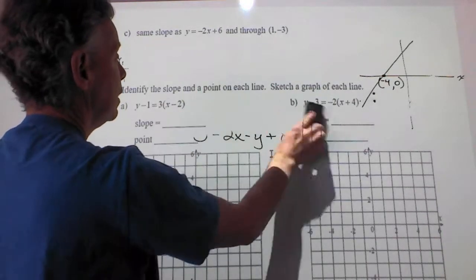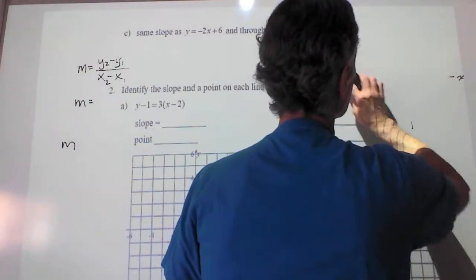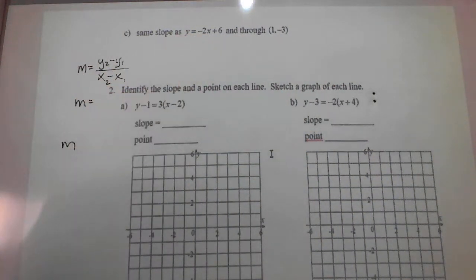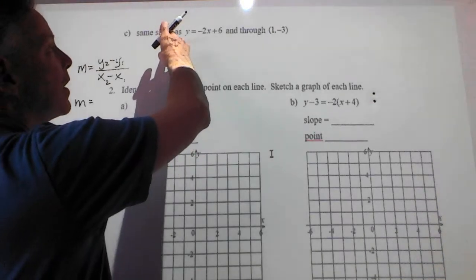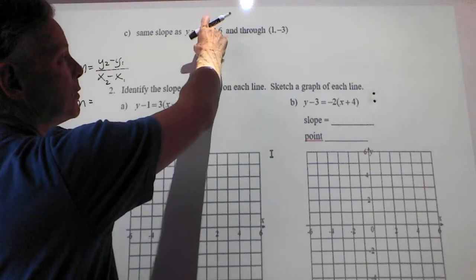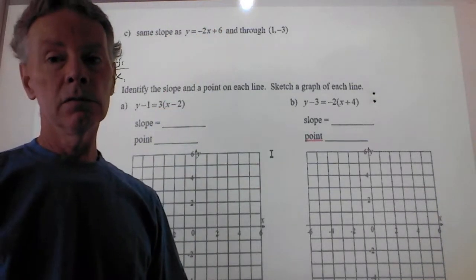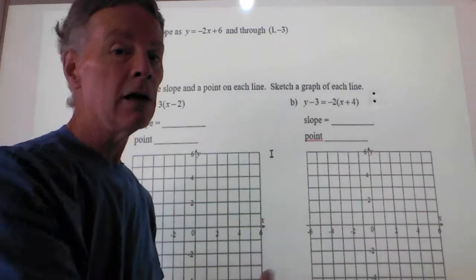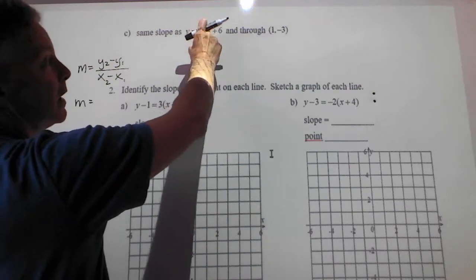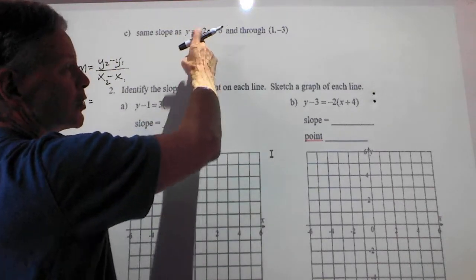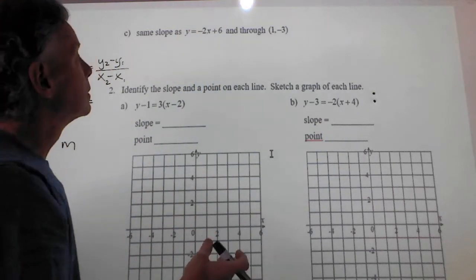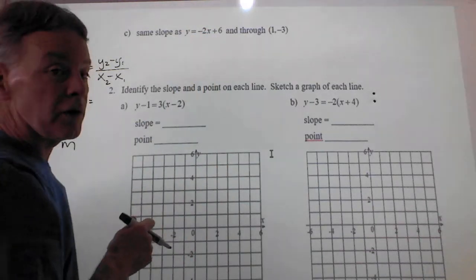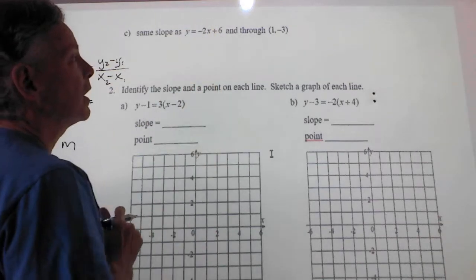So, in the case of this one, it says the line we're looking for has the same slope as this line. They haven't been nice and just said the slope of the line is blah, blah, blah. They've said this line here, which we're not really interested in, has the same slope as the line we are interested in. Well, what is the slope of this line?